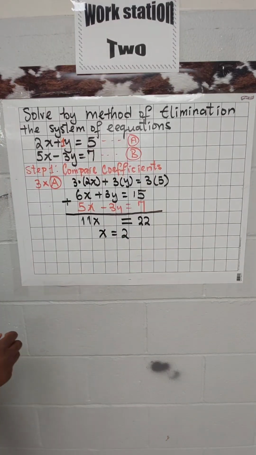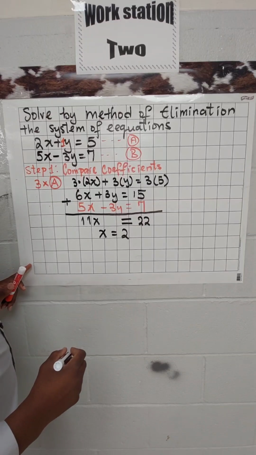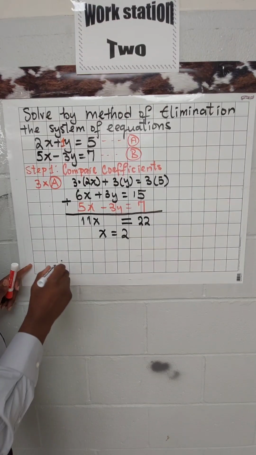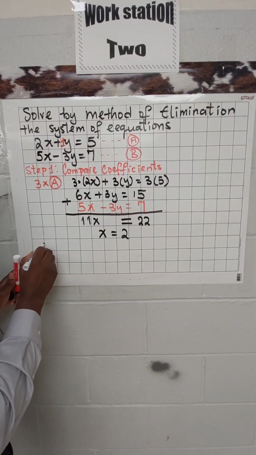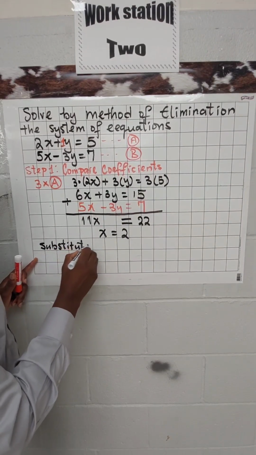Once you get the first value for any variable, you may go ahead and use substitution to get the second variable. Now I know that x equals 2. I will substitute that value for x in any of the equations.